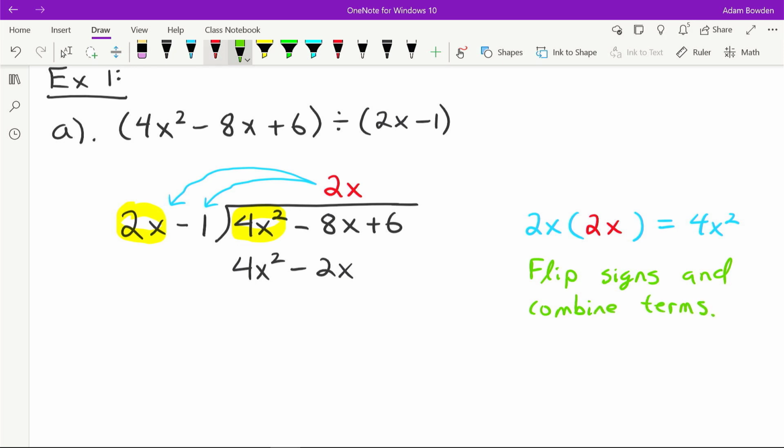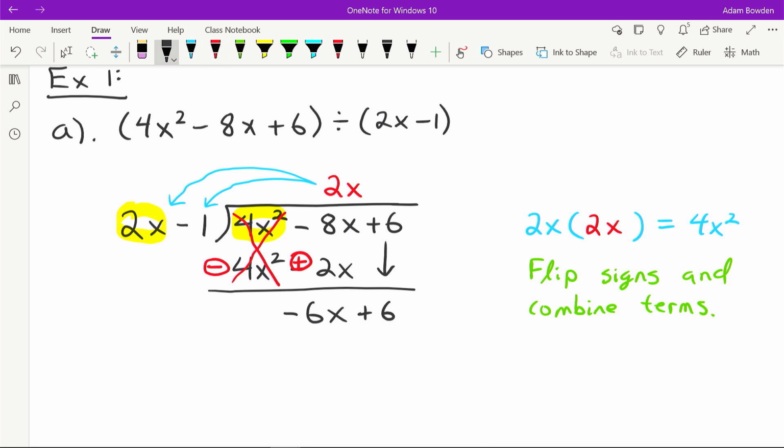By that I mean change this to a negative 4x squared, change this to a positive 2x, and combine terms. The negative 4x squared and the positive 4x squared add up to 0, so they basically go away here. And then we're going to have positive 2 and negative 8 going together to get negative 6x. Then we bring down the plus 6 at the end.